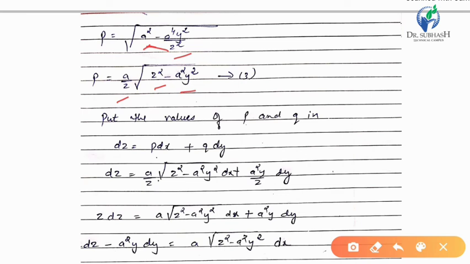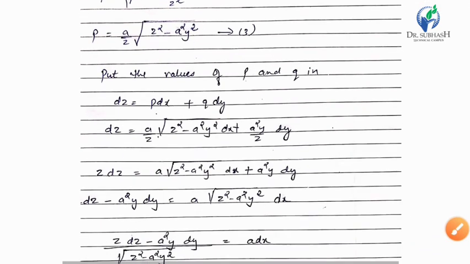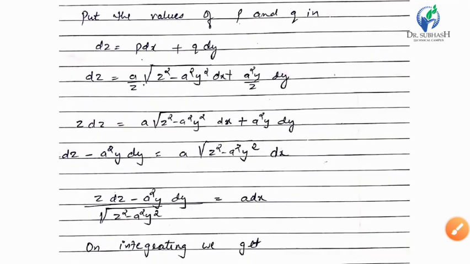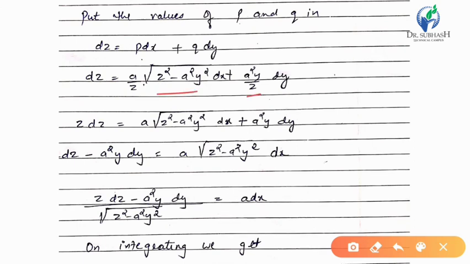Now I'll put the values of p and q in the equation dz equal to p dx plus q dy. I have substituted the values of p and q over here, and next I am simplifying it a bit more. I am taking this z to the other side. So I get z dz equal to a into under root of z square minus a square y square dx plus a square y dy.